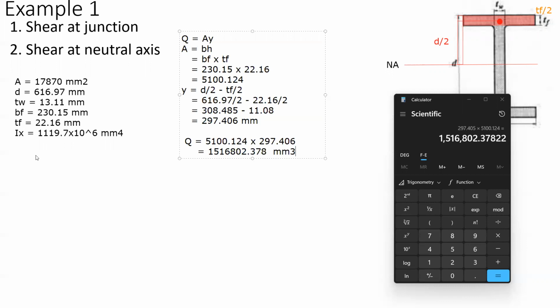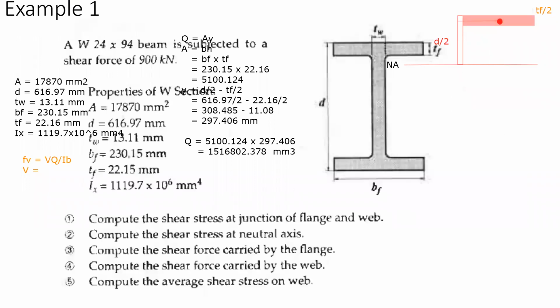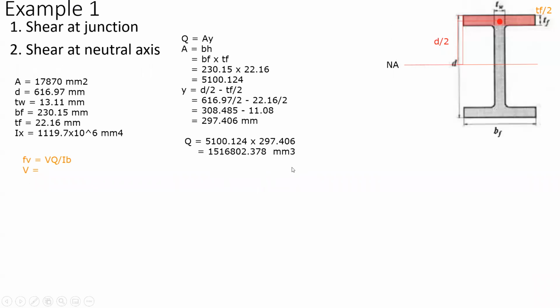Okay. So we have Q, and our formula for shear is FV is equal to VQ over IB. The V is given. If we go back to our question, we have a shear force of 900 kilonewton, so that is 900,000 newtons when we convert.